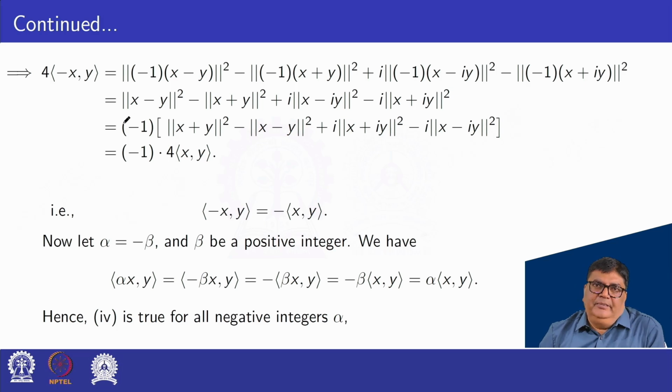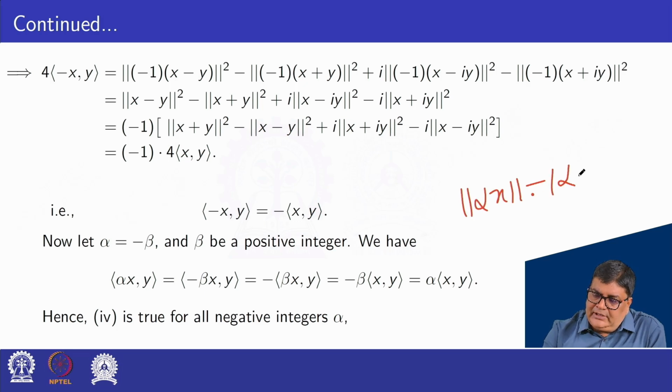Again, applying the property norm of alpha x is equal to mod alpha times norm x here, we get this: norm of x minus y squared minus norm of x plus y squared plus i norm of x minus iy squared minus i norm of x plus iy squared.